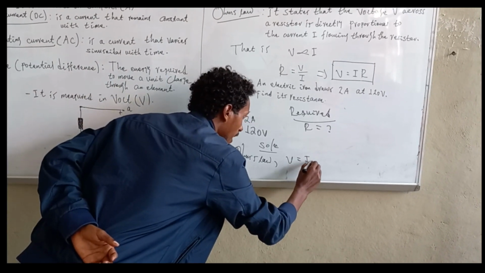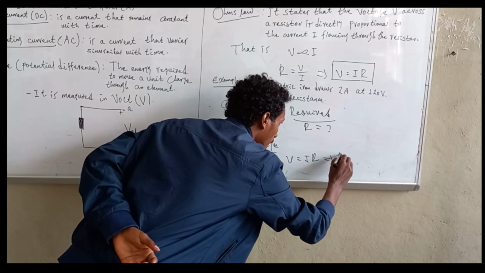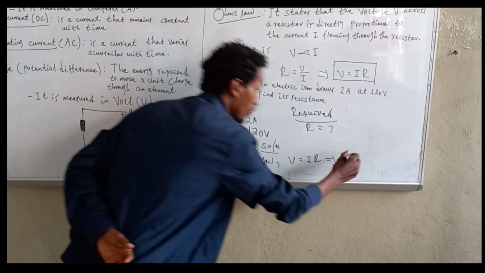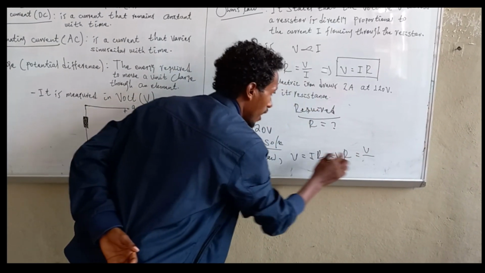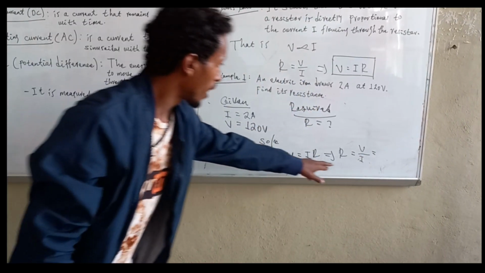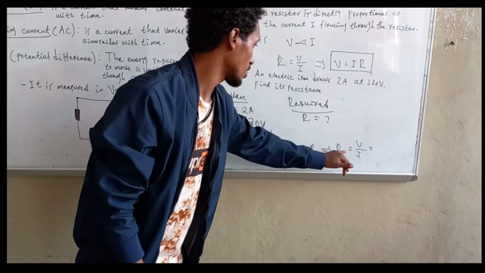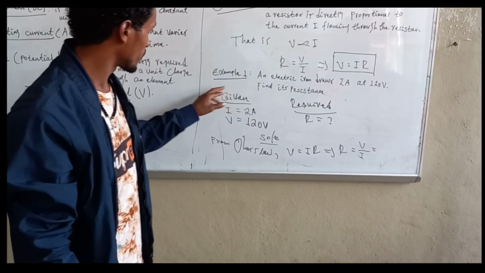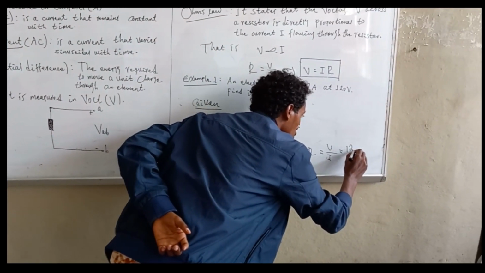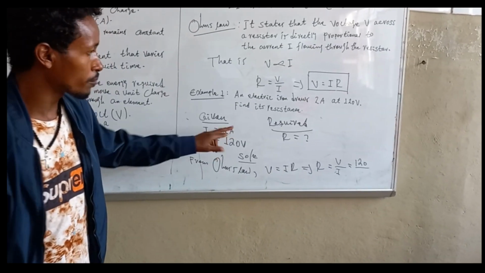V equals I times R, which implies R equals V over I. V is given, I is given, so we can find it simply using Ohm's law. It is the resistance across this electric iron. Our voltage is 120 volt, over its current, which is already 2 ampere.